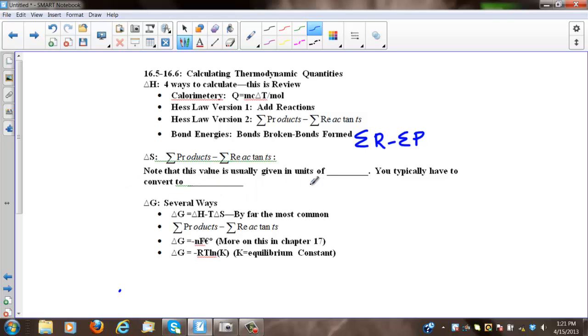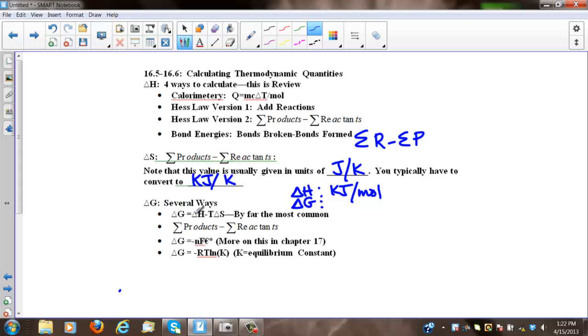Note this value is usually given in units of joules per Kelvin, and you typically have to convert to kilojoules per Kelvin because delta H is given as kilojoules per mole, as is delta G. So we can calculate delta G 4 different ways.